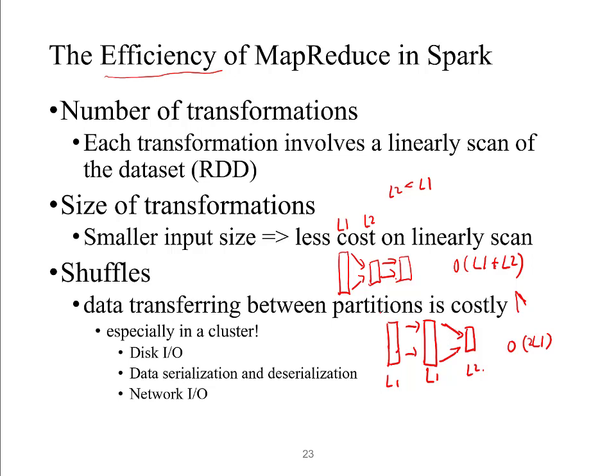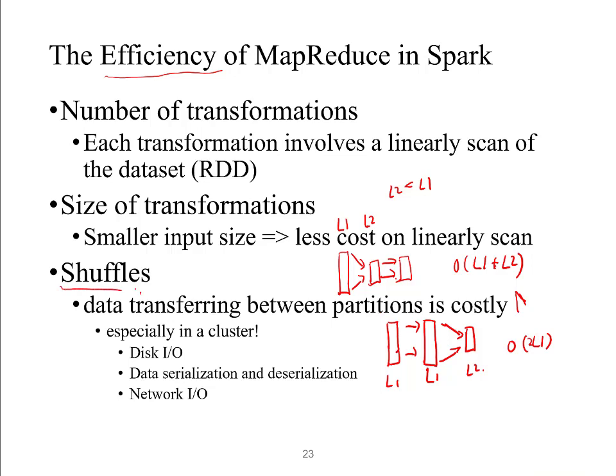So control the size of the transformations and try to make the size as small as possible, as early as possible. That is the key to reducing the time cost of MapReduce in Spark.